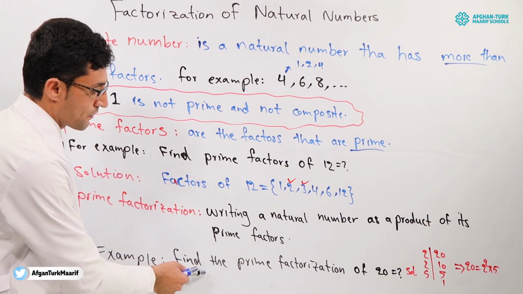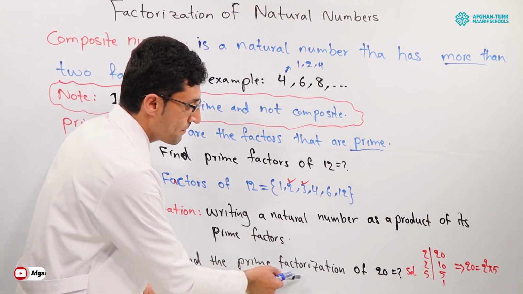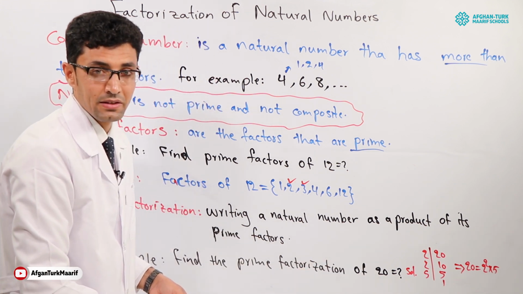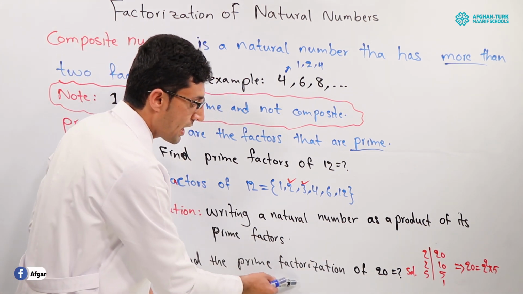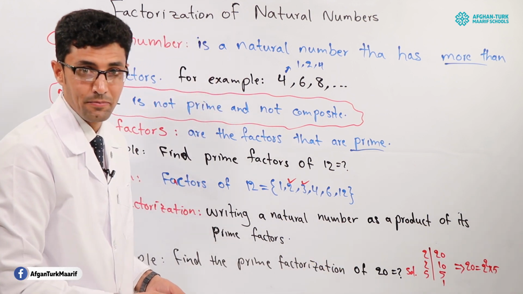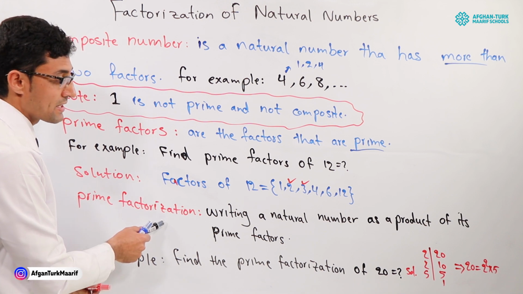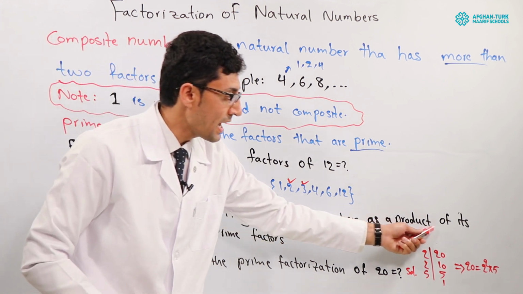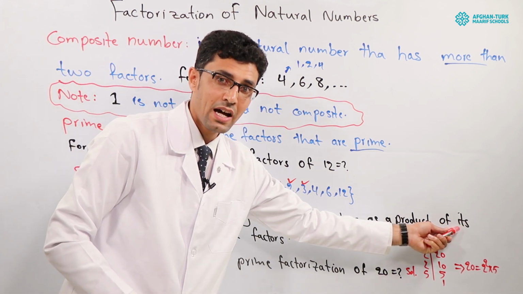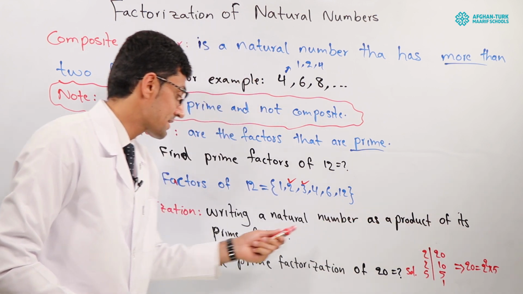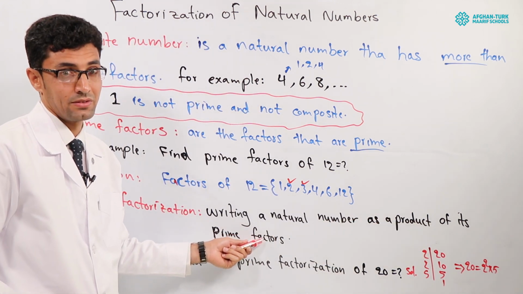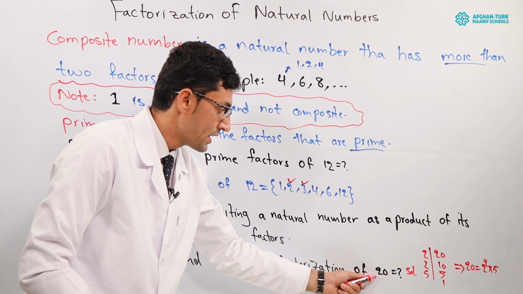Here is an example for you. Find the prime factorization of 20. What was the prime factorization? It means the product of its prime factors.